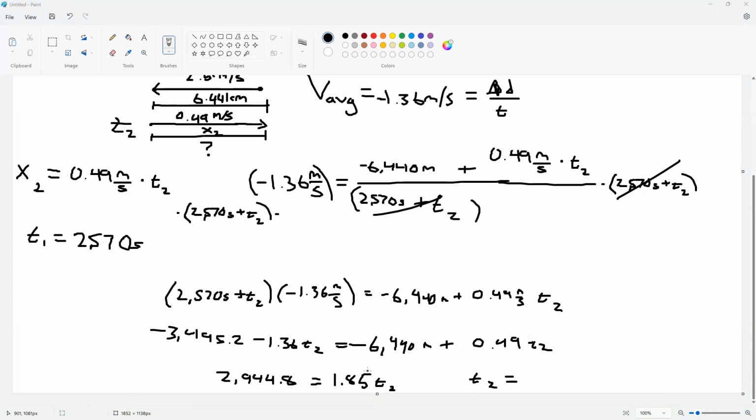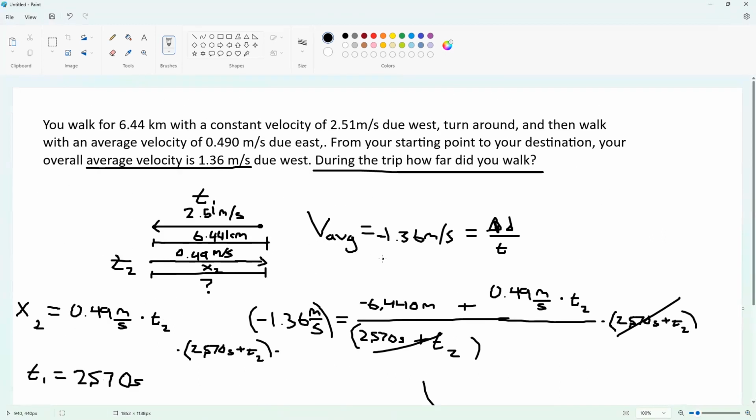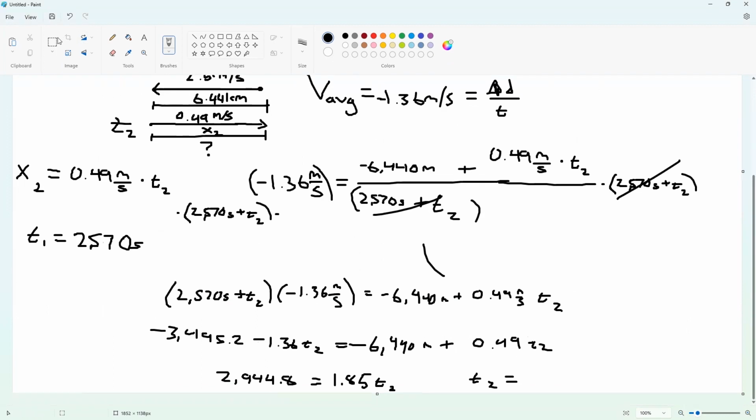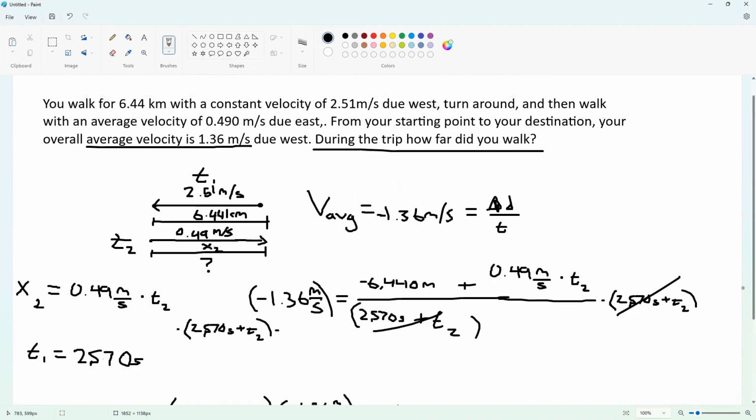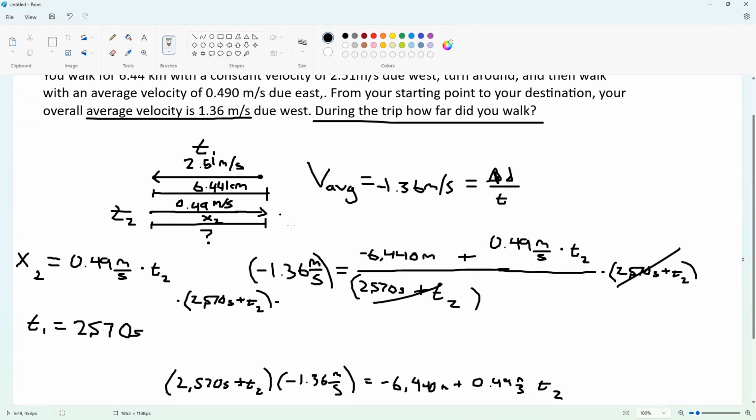Quite complicated. Would it just be 3? Yeah, let's just limit it to 3 for the sake of this question, because the question only has 3 significant figures for everything. So 1,590. Yeah, that is the time for us to go from point B to point C.